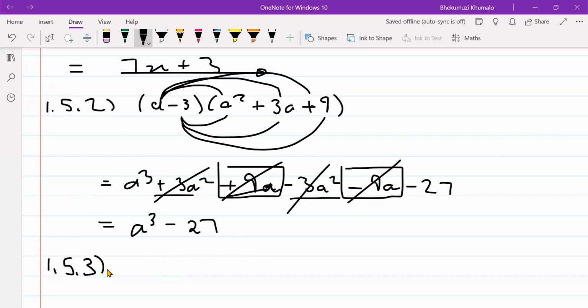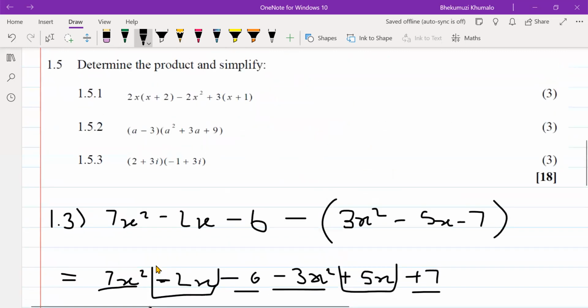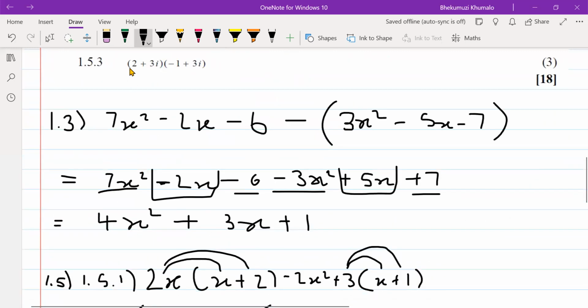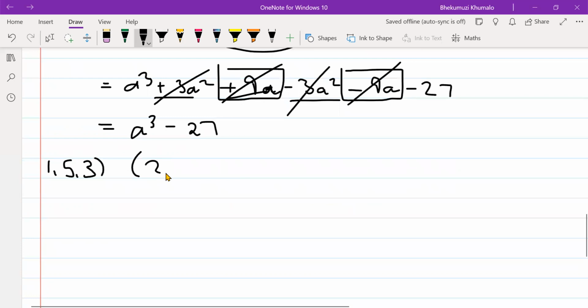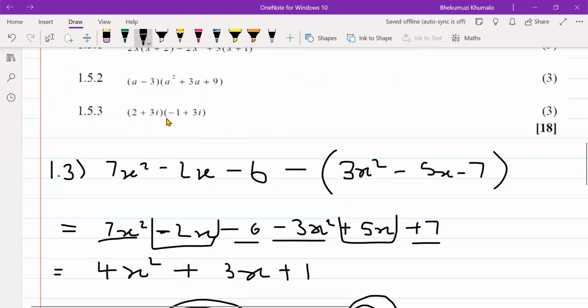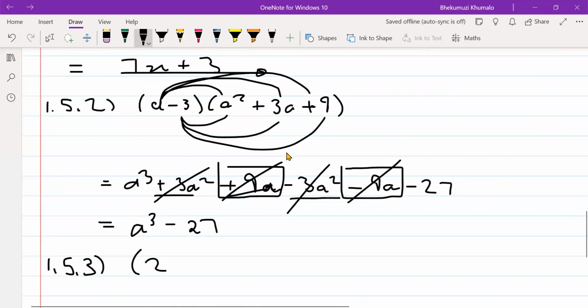Now 1.5.3, now we're looking at complex numbers. So it's 2 plus 3i times negative 1 plus 3i. So remember, whenever you see i being used in technical mathematics, that means you're working with complex numbers. So it's 2 plus 3i, right?